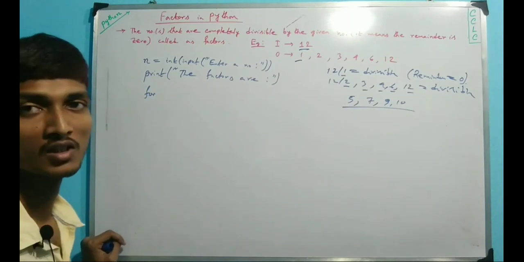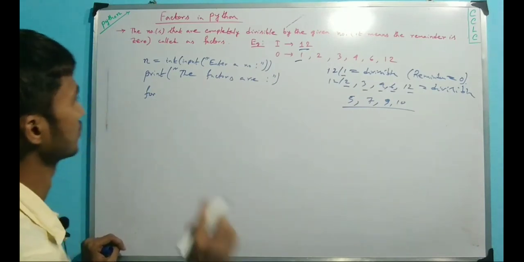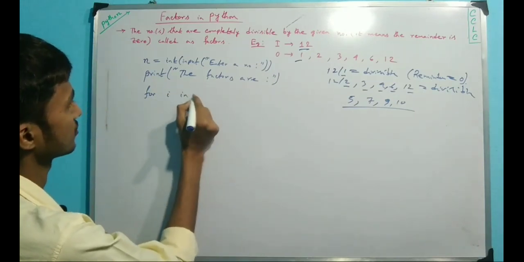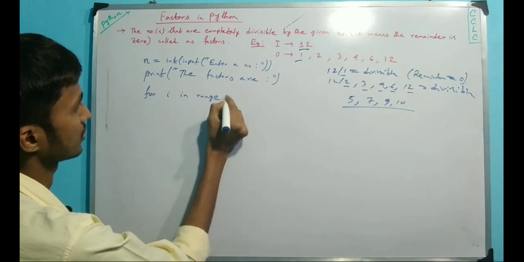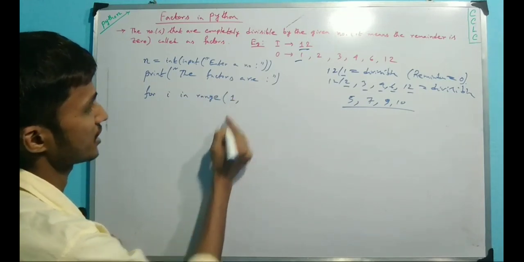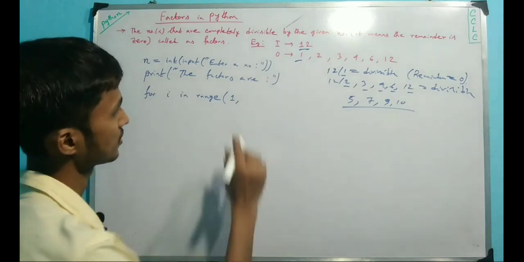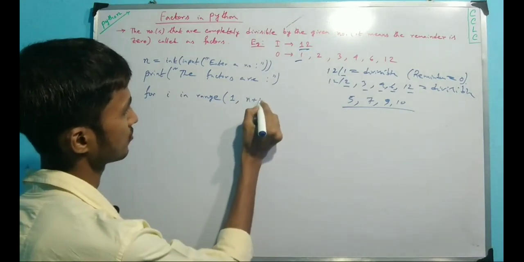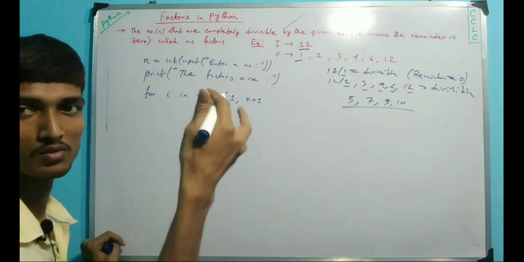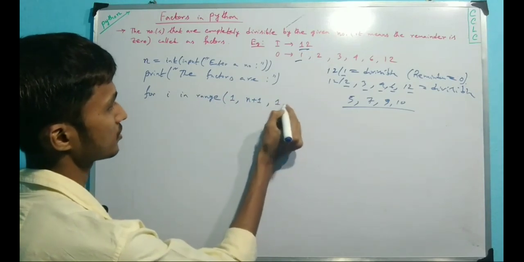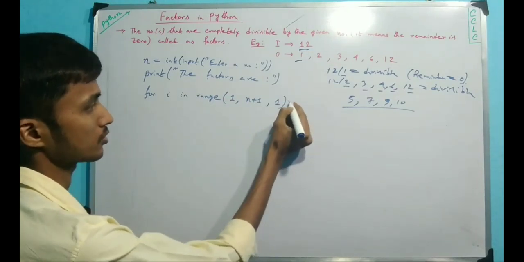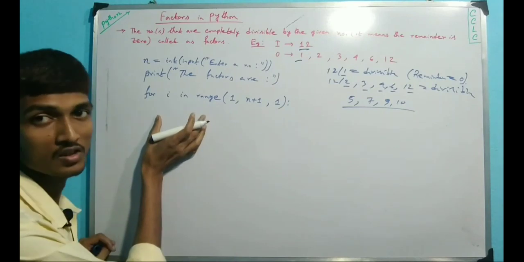Next we need a for loop: for i in range, starting at 1 as the initialize condition, up to n plus 1, increment 1, colon, block start.